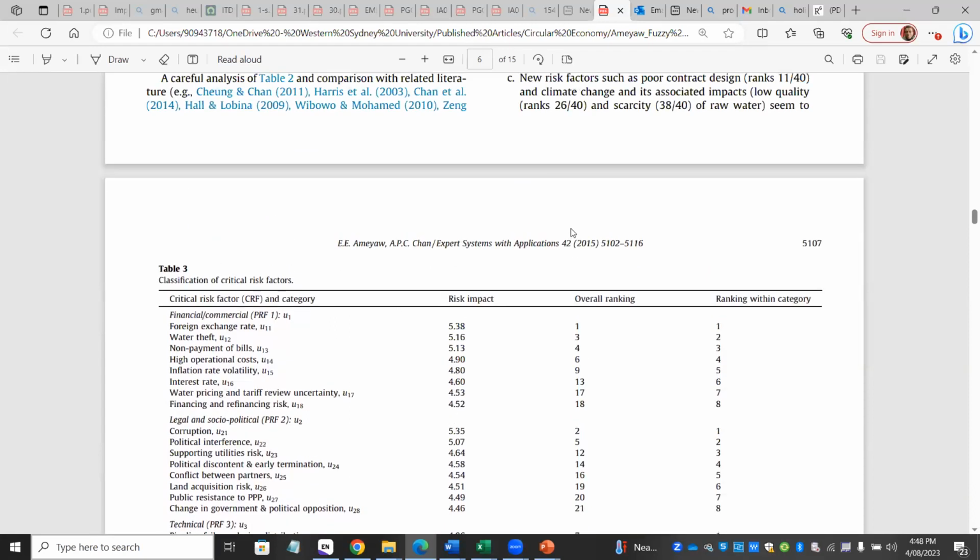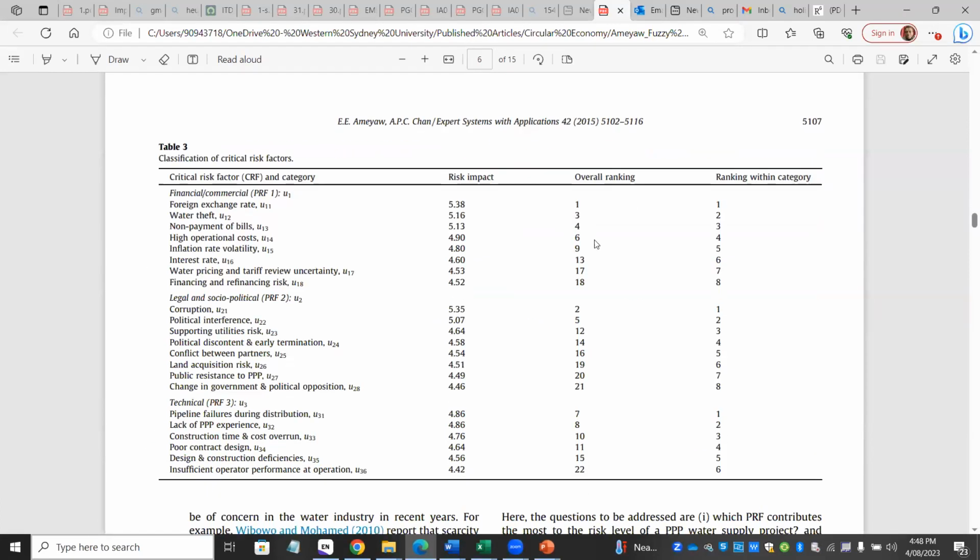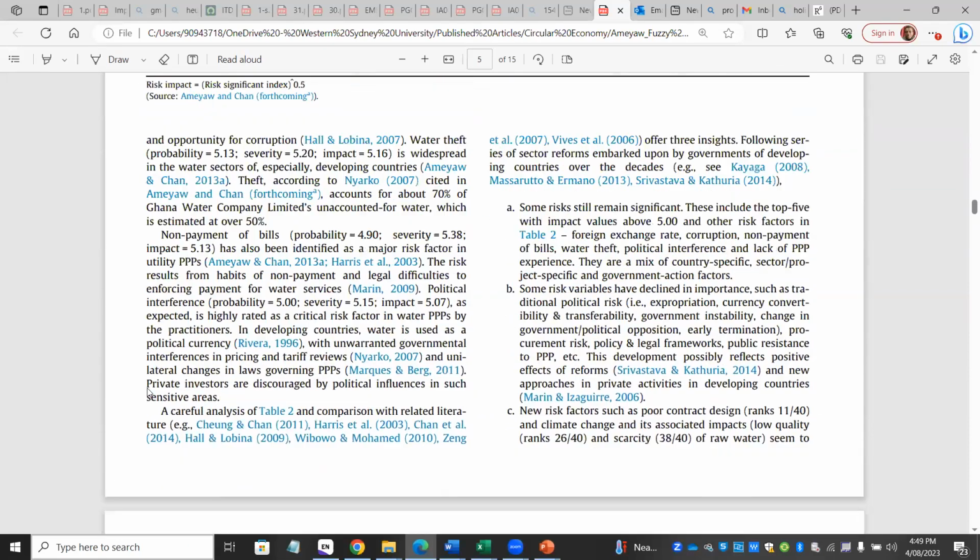This overall ranking is from table 2, how they were ranked in table 2, and then how they are being ranked here. So 8, 8, 6, together 22 factors, which we established are critical from the normalization analysis.